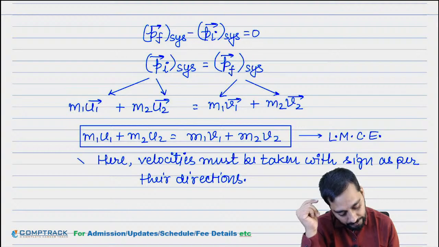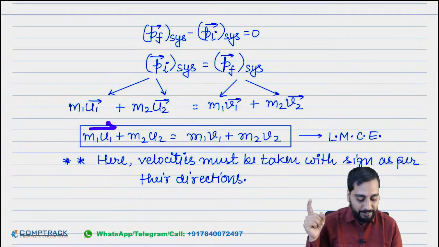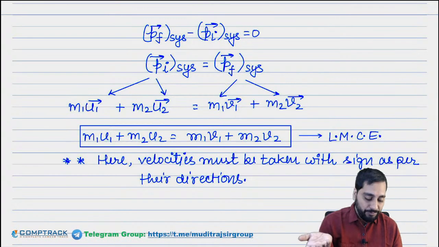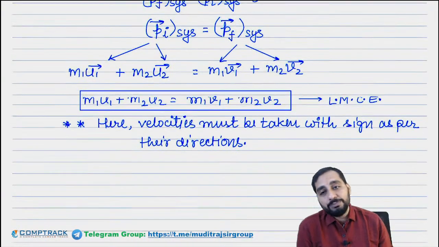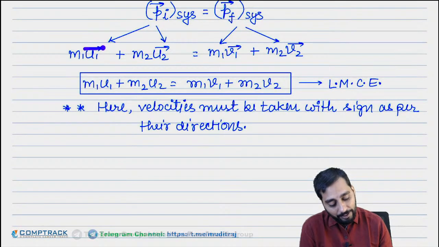Okay, ये ध्यान रखना है. We have to remember this. So if u1 is right side, it will be positive. If u2 is left side, it will be negative. If v1 is right side, it will be positive. If v2 is also right side, then it will be positive. So here velocities must be placed with sign because they are vectors.